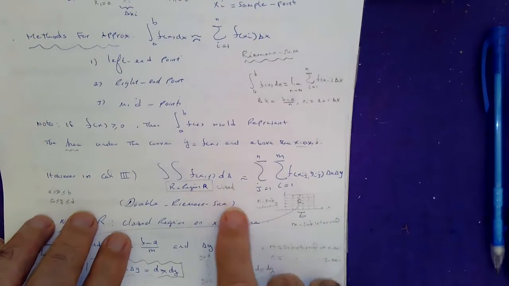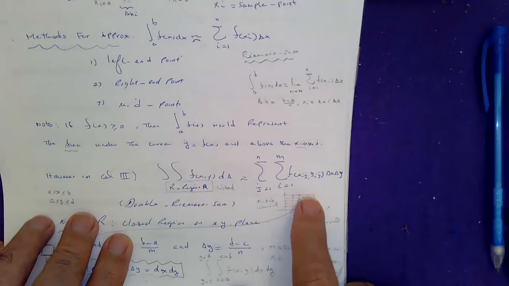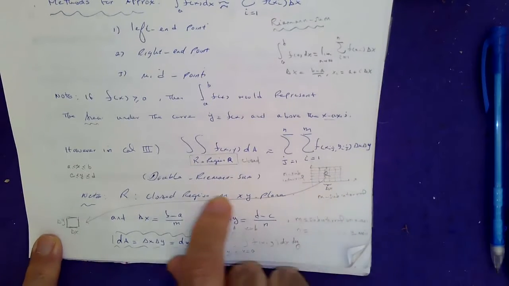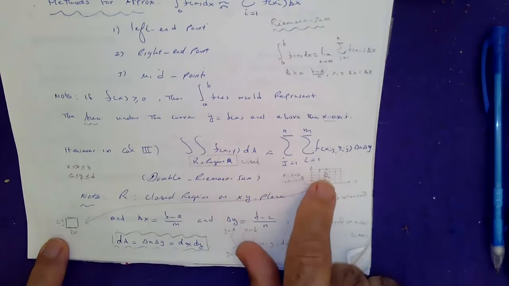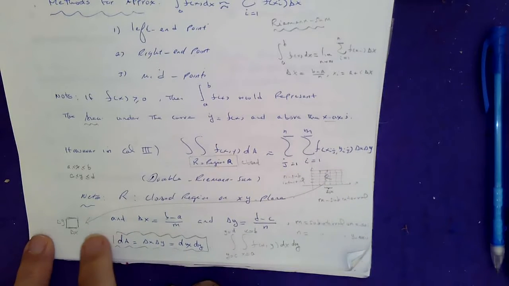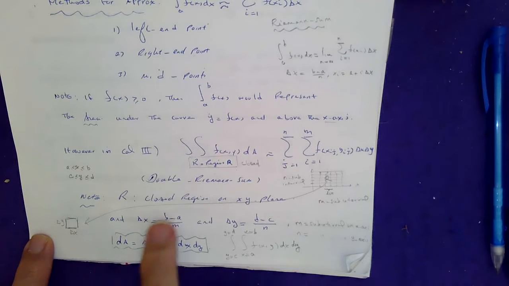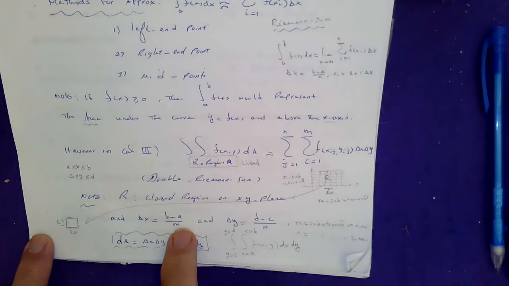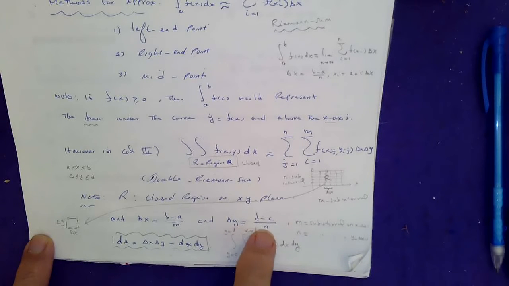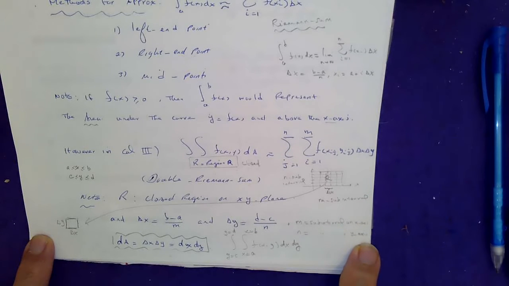For a function of two variables, we divide the x and y axes into sub-intervals, and we pick a typical rectangle from those sub-intervals, whose length is, let's say, delta x and whose width is delta y, where delta x is b minus a over m, m being the number of sub-intervals along the x-axis, and delta y is d minus c over n, where n is the number of sub-intervals along the y-axis.